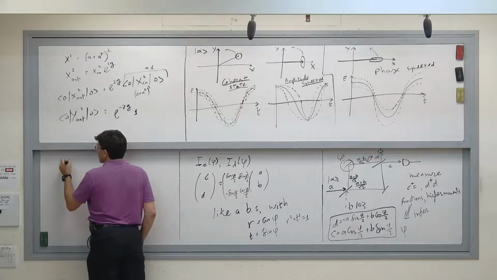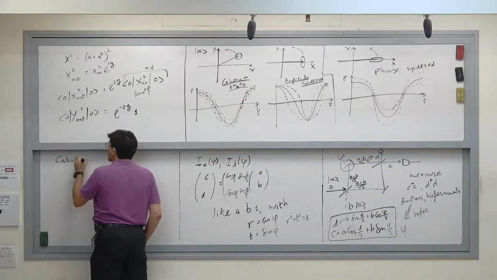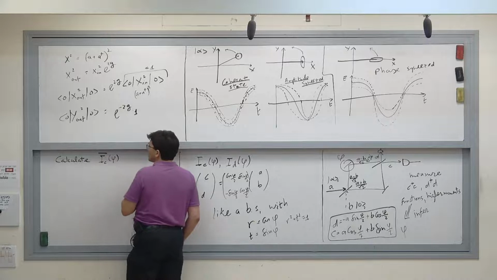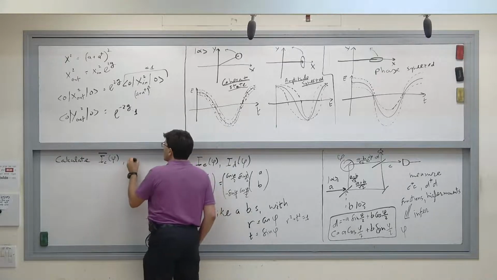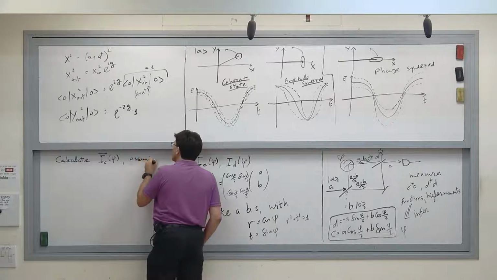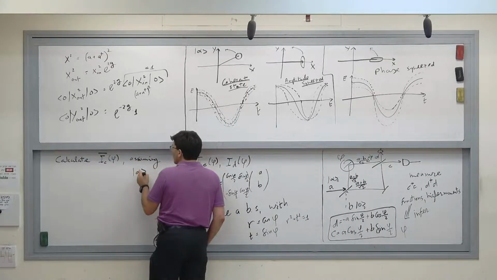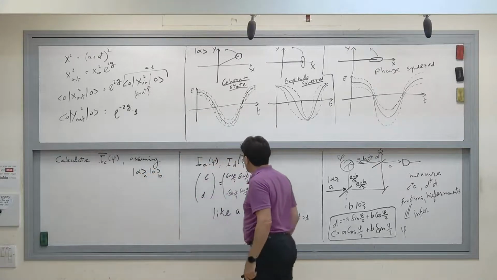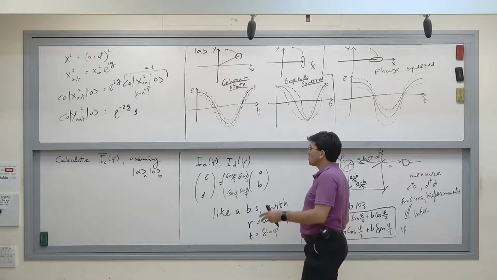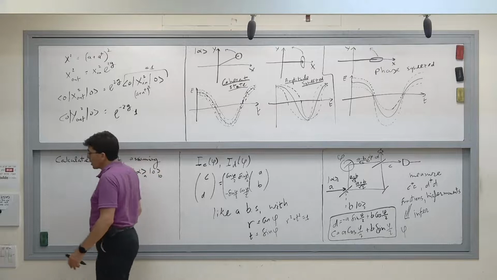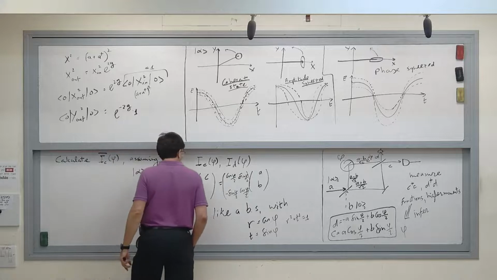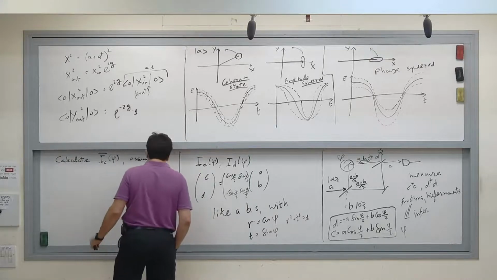We're going to calculate the intensity in port C as a function of phi, average, assuming alpha at port A and vacuum at port B, which is the standard way to go. So there's a coherent state, maybe large, in mode A and nothing in mode B. I want to calculate this, and that would be easy.